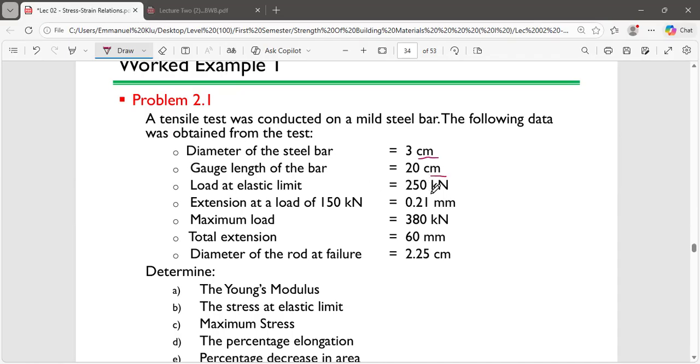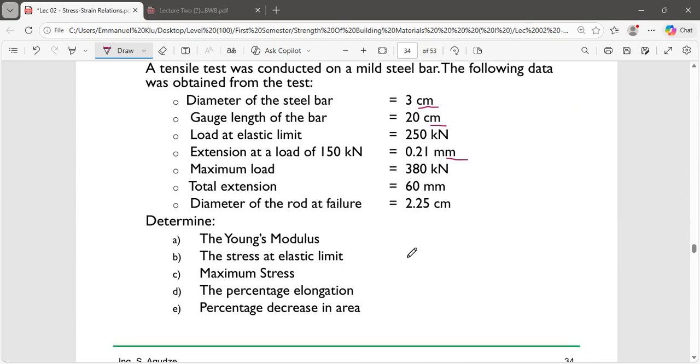The load at elastic limit is 20 kilonewtons. And the extension at load of 150 is equal to 0.21 millimeters. Our maximum load was 380 kilonewtons. Total extension was 60 millimeters, and the diameter of the rod at fracture was 2.25 millimeters.